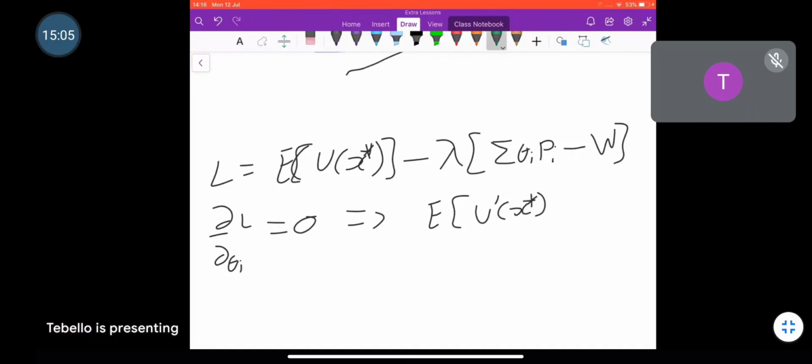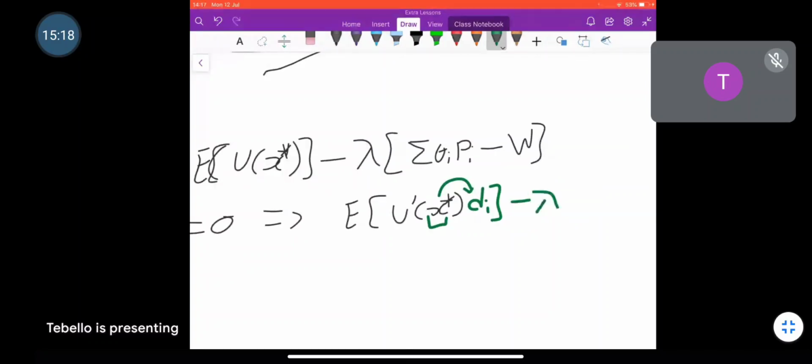When you differentiate this thing outside, you are going to be left with the marginal utility minus lambda p i. When you differentiate this in terms of theta, you will be left with p i, equals 0.